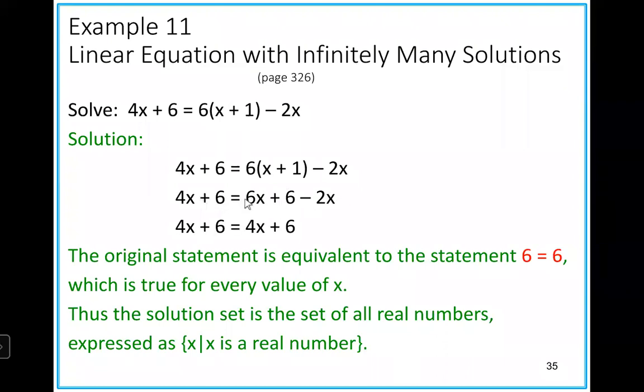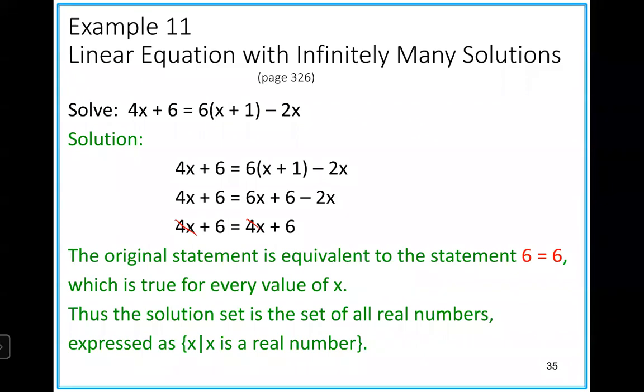And when you simplify, you end up getting the same thing on the two sides. 4x plus 6 equals 6x, 4x plus 6. Okay, so if you work further, if you cancel that and that, you end up with 6 equals 6, which is a true statement, but you weren't able to work out the value of x.